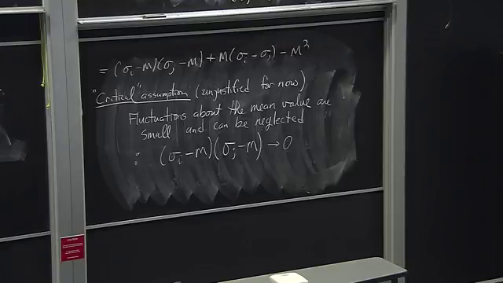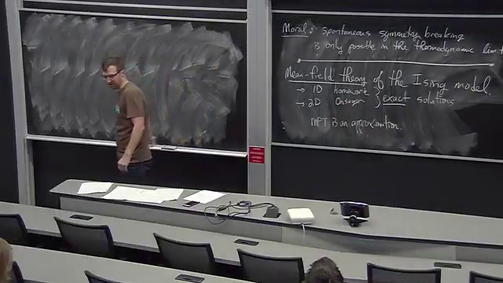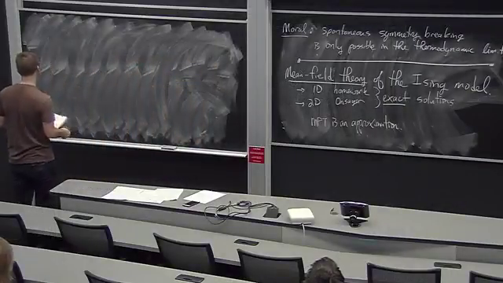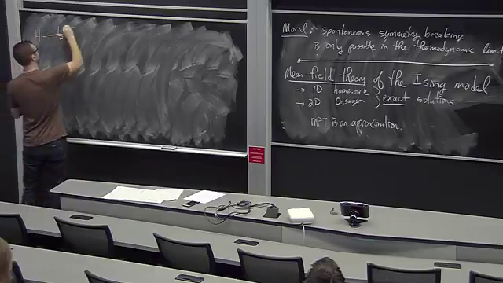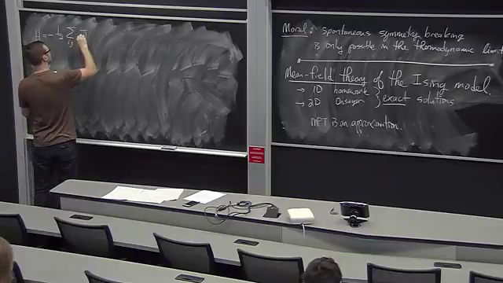So with that approximation, the problem becomes infinitely more simple. So let me write out the Hamiltonian now in full. I still have J_ij in there.